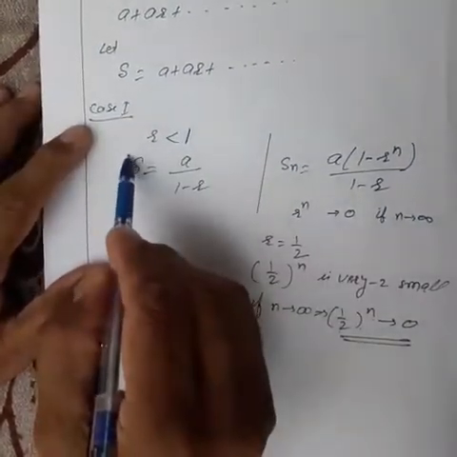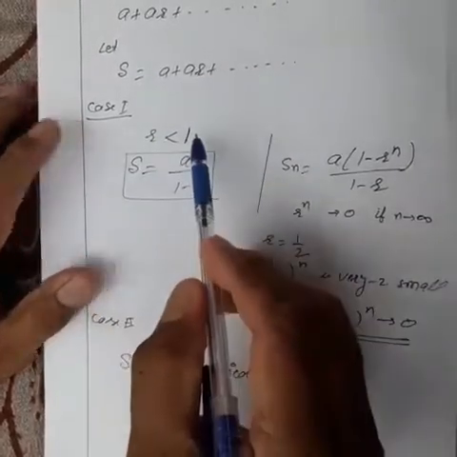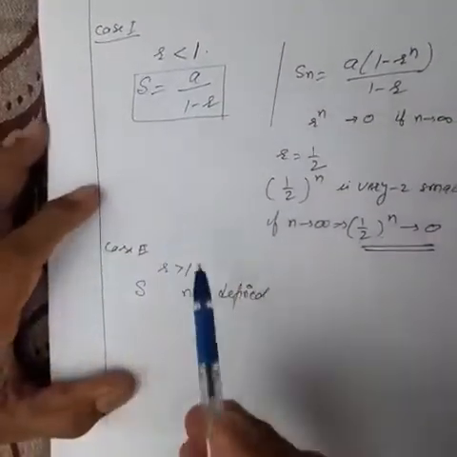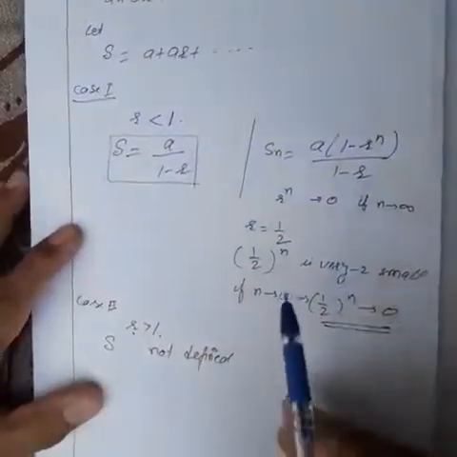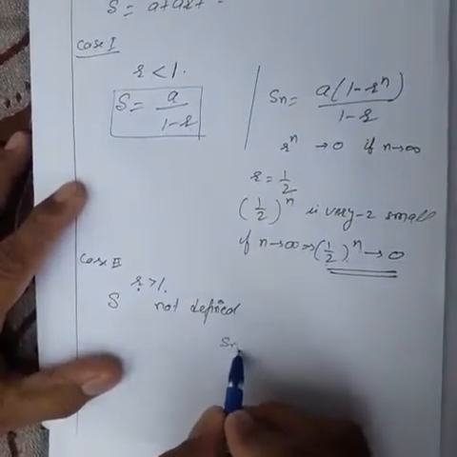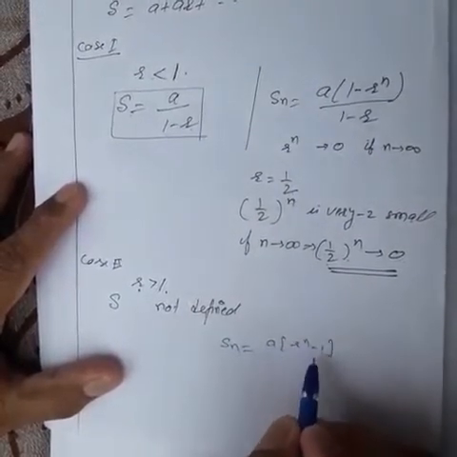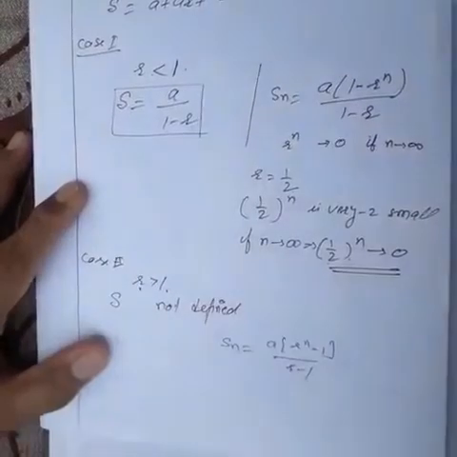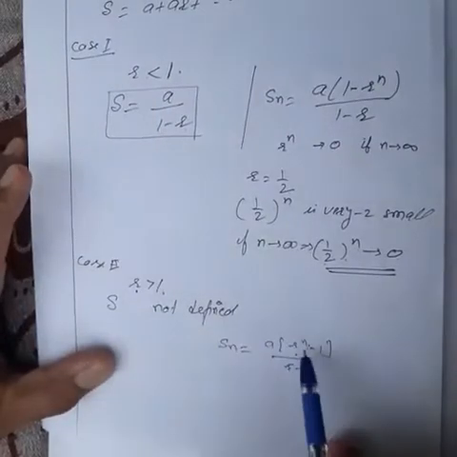So you have to remember this formula for the sum of infinite terms, when r is less than 1. Now what will happen if r is greater than 1? In that case we know the sum of n terms is a(rⁿ − 1) upon (r − 1). If r is greater than 1, then rⁿ will be a very large quantity.